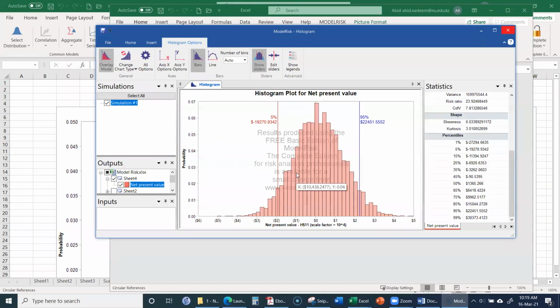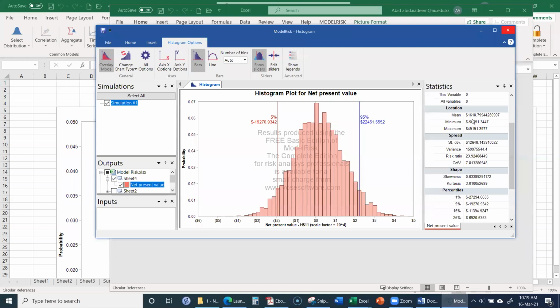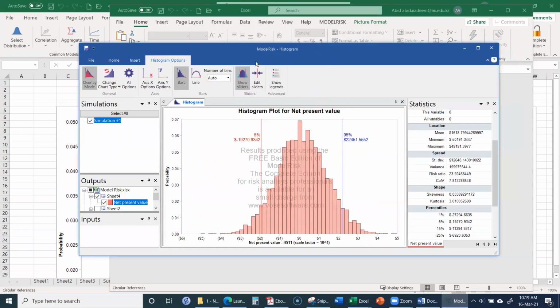You will get similar results. Here what you can see is the standard deviation is 12,000. So similar answers, and the mean value has slightly decreased as well. So the more simulations, the more defined the answer that you will get.